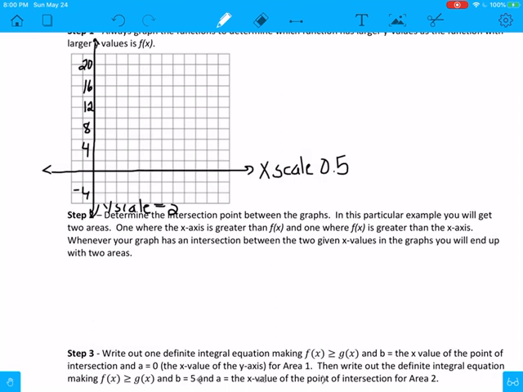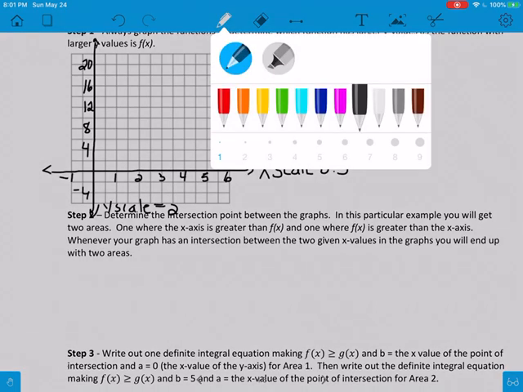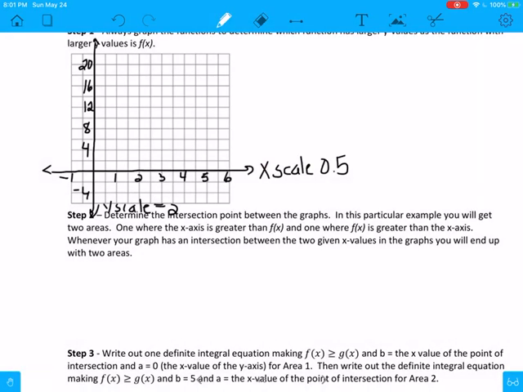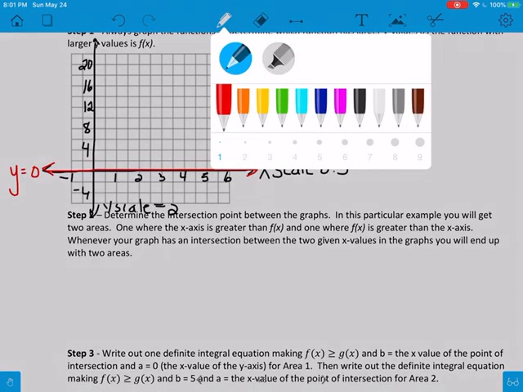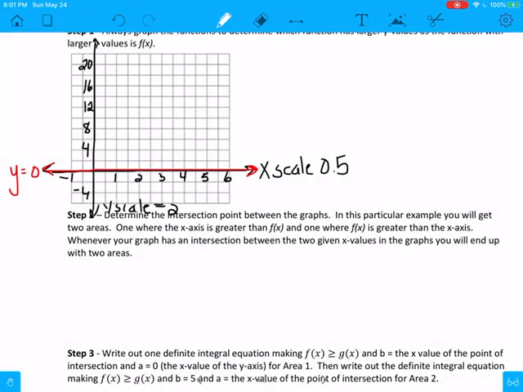And then 0.5, so this is 1, 2, 3, 4, 5, 6, negative 1. Okay. So the x-axis is an easy line. This is the one line we're going between. So we're doing the line y equals 0. And then in blue, we'll do the quadratic, y equals x squared minus 4, the graph.